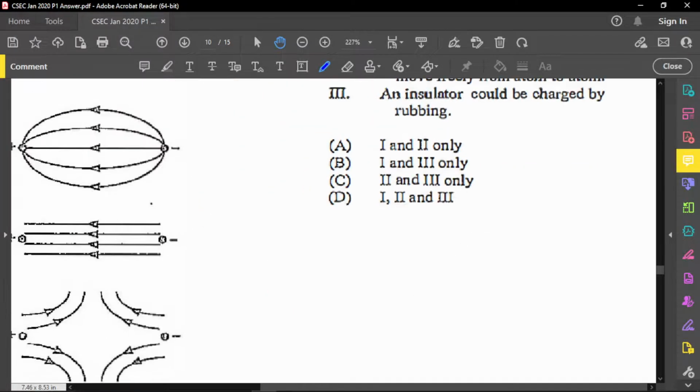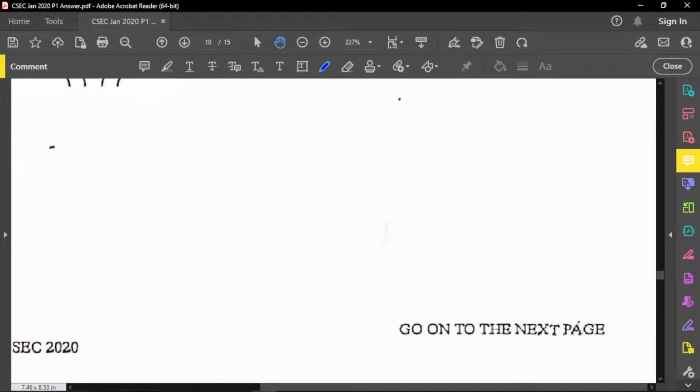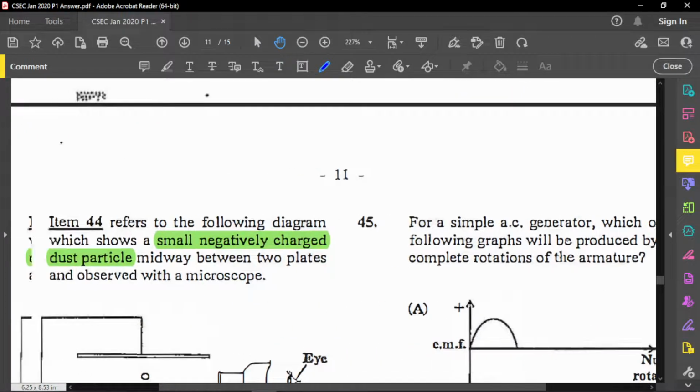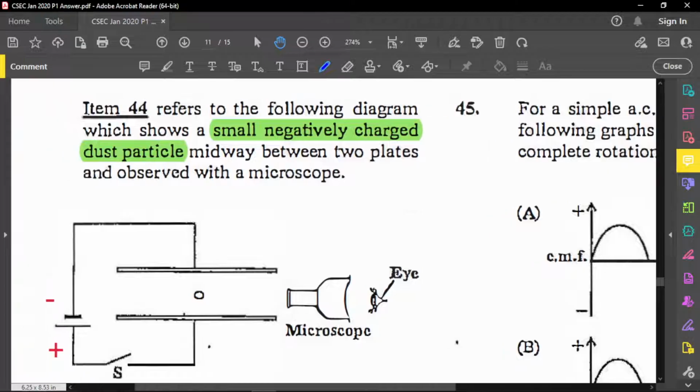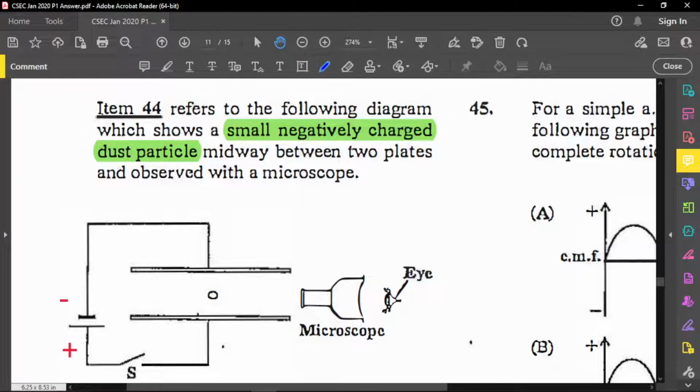All right, so let's go to the next question, question number 44. Now, it reads that item 44 refers to the following diagram, which shows a small negatively charged dust particle midway between two plates and observed with a microscope.